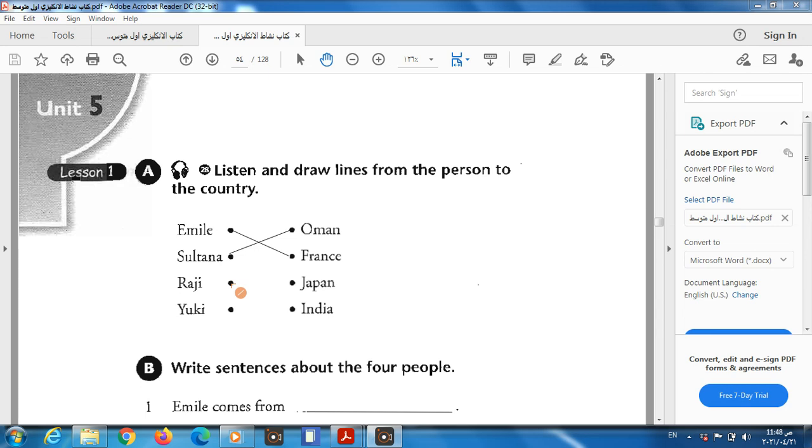Raji comes from India. Yuki comes from Japan.